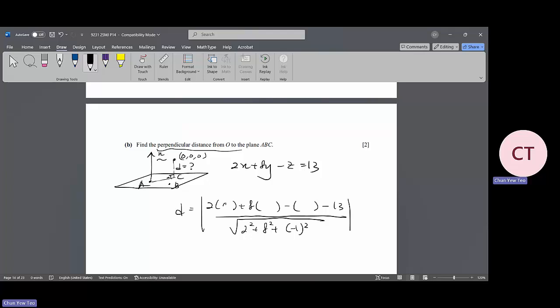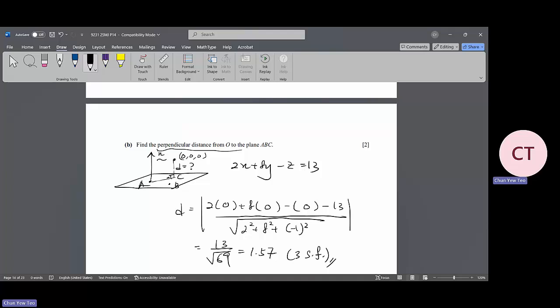So this is the point origin, 0, 0, 0. And if we use the calculator, you can get this as 13 over square root of 69. This is the exact value form. You can leave it like this. If you don't want, you can give me in decimal, 3 significant figures. Done for number 3B.